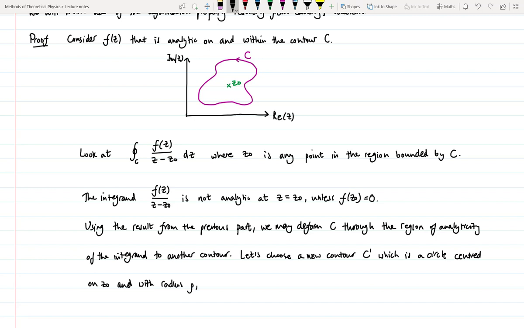And the radius rho is chosen so that the circle C primed lies within C. And that's for reasons of analyticity. We saw in the last video that such a deformation does not change the value of the integral.